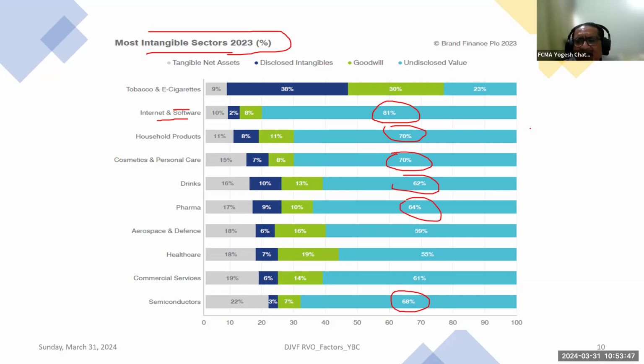So supposing the total value of a listed company is 100, in the case of internet, only 19 is tangible asset and the balance 81 is the undisclosed value of the intangible asset.